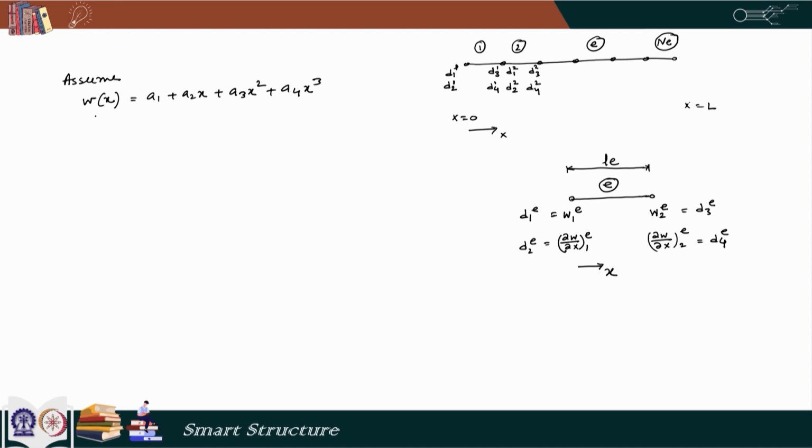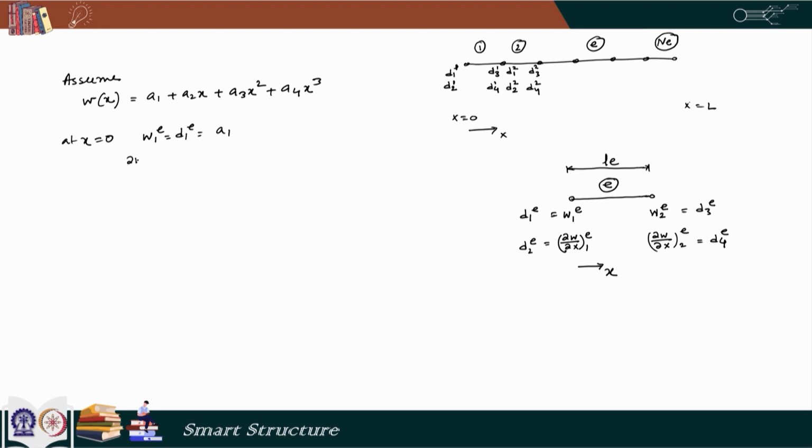Now, if this is W, then we say that at x equal to 0, which means at the first node, we have W1e, which is D1e, equal to A1, because at the first node x equal to 0.